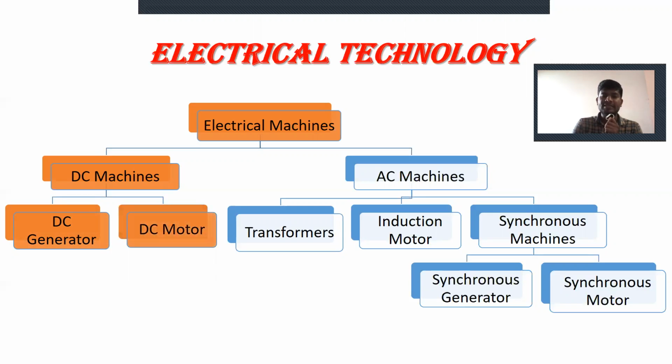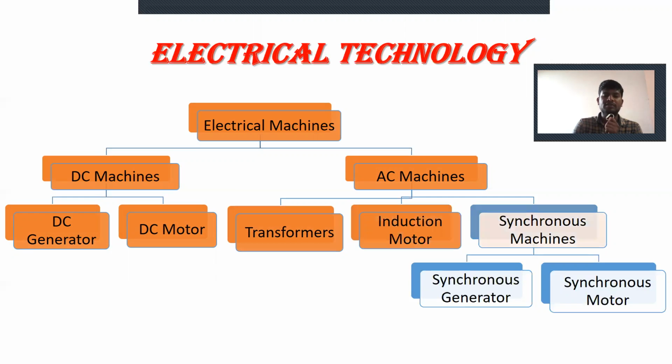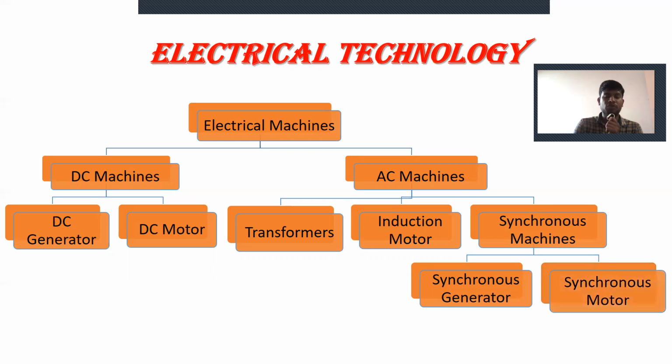Coming to AC machines, AC machines are again classified into transformers, induction motors, and synchronous machines. The synchronous machines are again classified into synchronous generator and synchronous motor. Here, the generator and motor are both in DC machines and AC machines. The generator can generate the electric power, and the motor can consume the electric power.